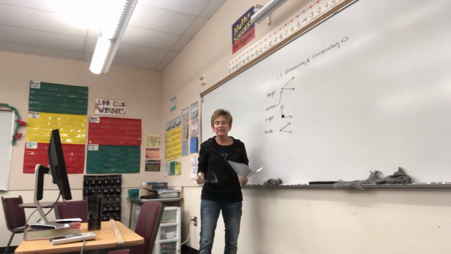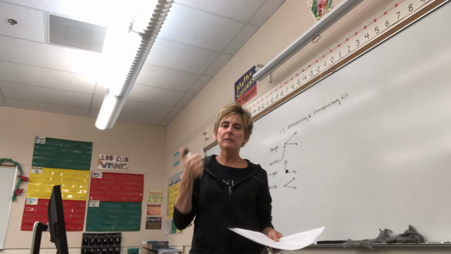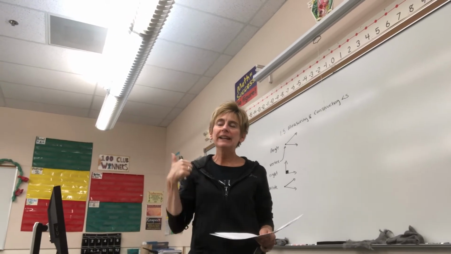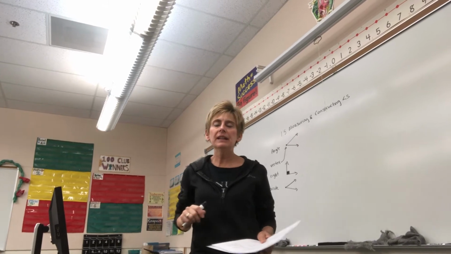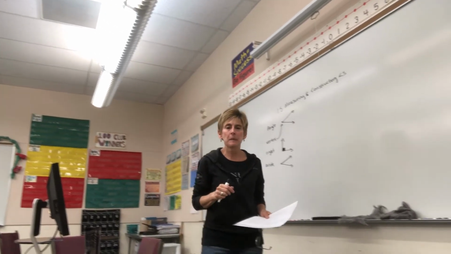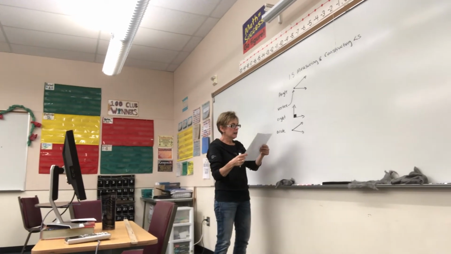Can you guess what the next one is? I think many of you can, because you've learned about angles before. We've talked about right, we've talked about acute. Right is exactly 90 degrees, acute is less than 90 degrees. What do you think the next one is, and what is its definition? I hope you said obtuse.